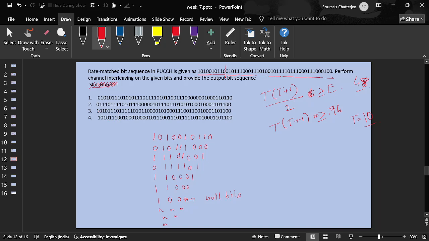So yes, third is the correct option. Can one of you please confirm? I guess third is the correct option because the ninth bit is 1 in that. Okay, thanks. So third one is the correct option.